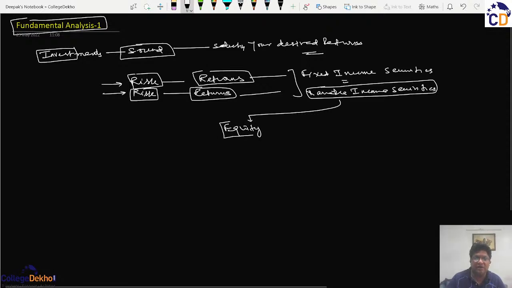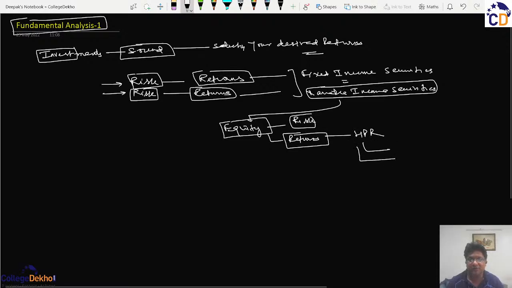So they are a haven for those investors who are risk takers and ready to take high risk because they expect higher returns. And these returns, commonly known as holding period returns, will be generated first in the form of the dividend that is received and also an appreciation in price.